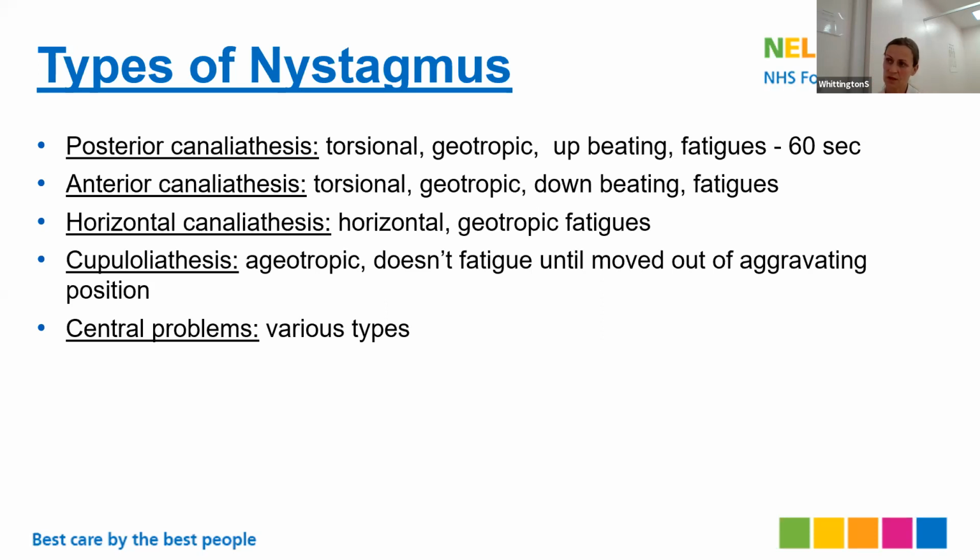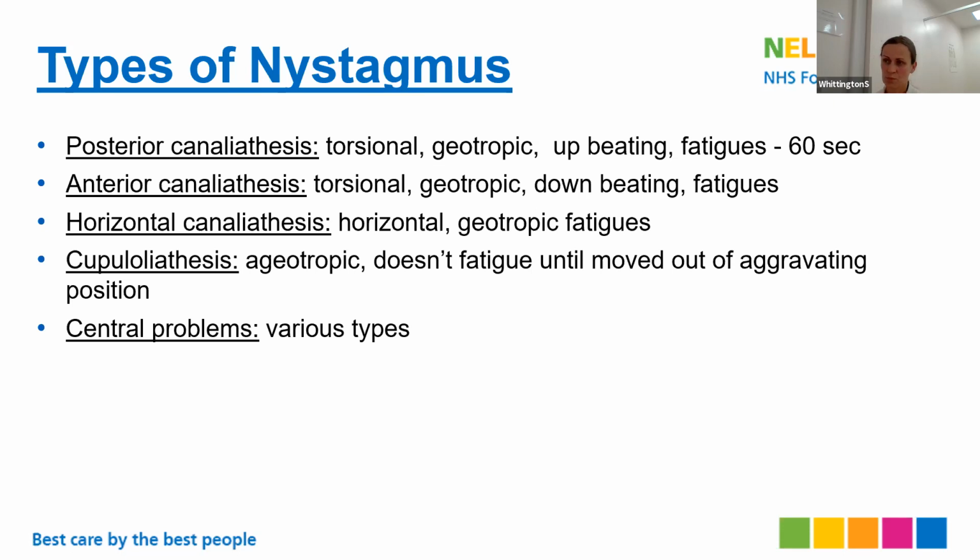If it's the horizontal canal, the one that's on the side, you have a nystagmus that's purely horizontal, so you don't have the torsional component, and it also beats to the affected side, and it fatigues just like the ones before. With the cupular lithiasis, again, very, very rare, it doesn't fatigue, like I said earlier on, until you move that patient out of the aggravating position, and the fast beat is actually away from the affected side.